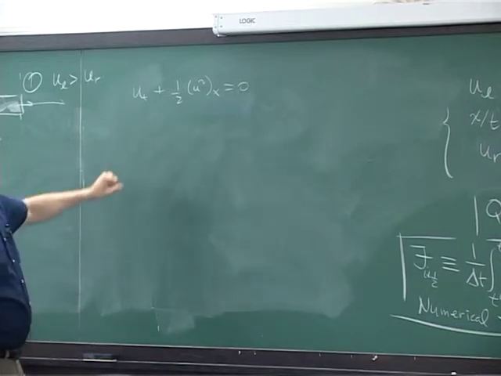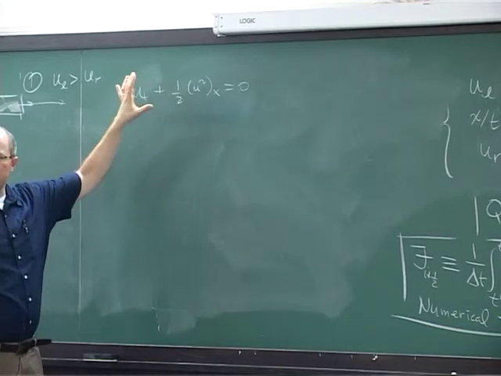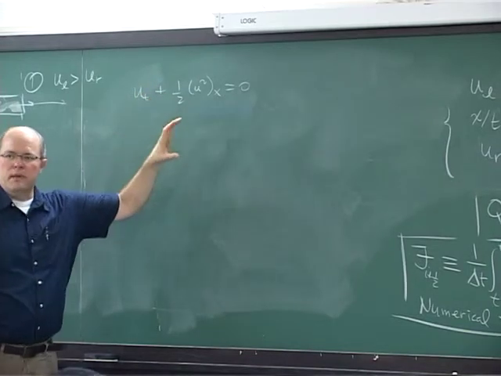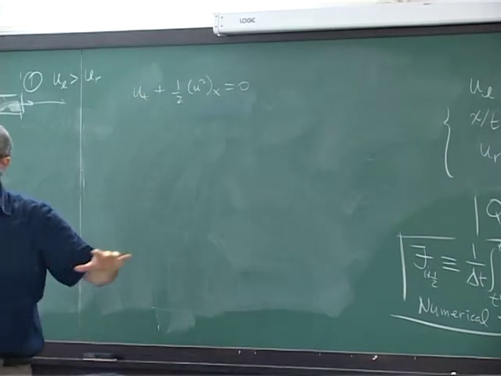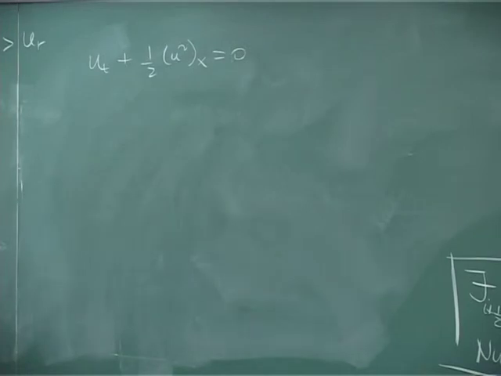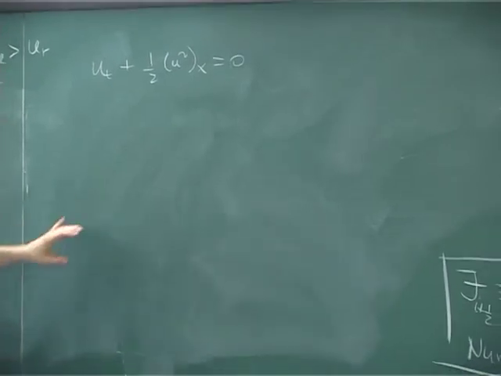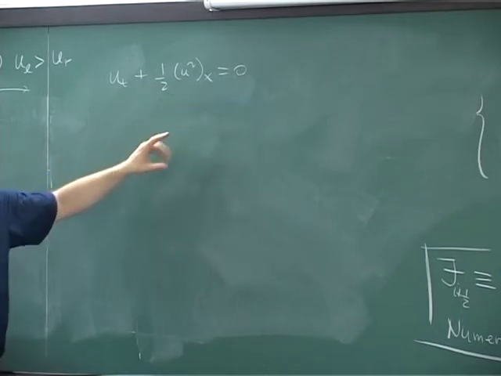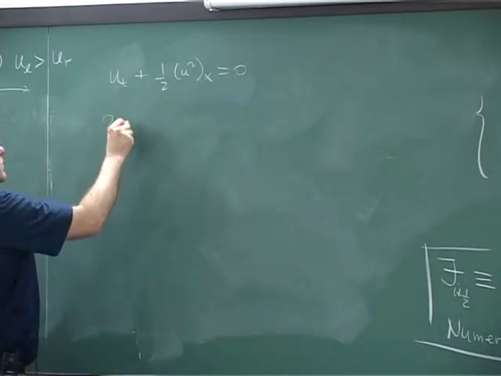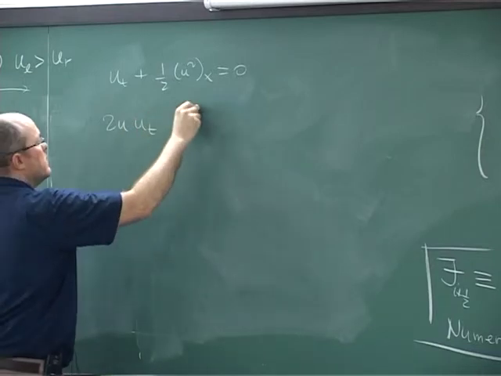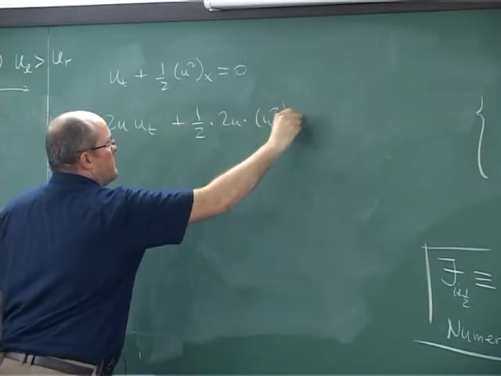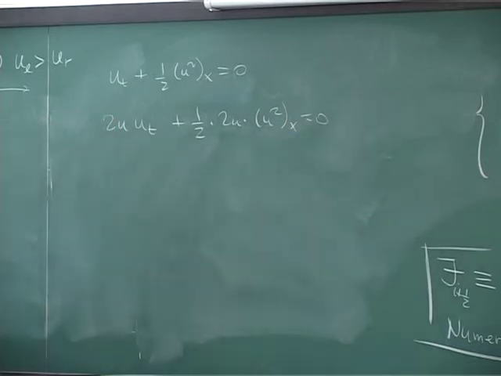Now, if we had nice classical solutions to a PDE, meaning that they're continuous and smooth, with no discontinuities, then if I transform variables, the solution should be the same. So I'm going to multiply this equation by 2u. So that looks like this.